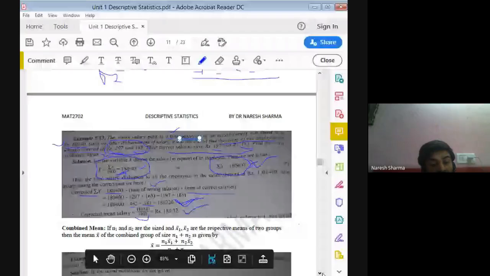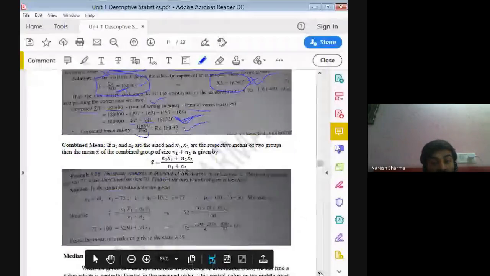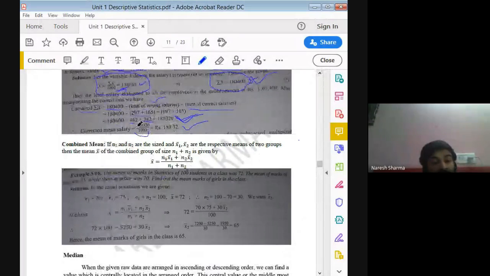One more smaller topic with one example only. Combined mean. Suppose we have two kinds of data and two different means, how do we get the combined mean?